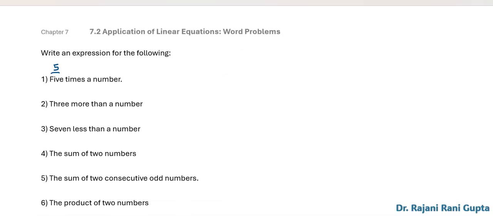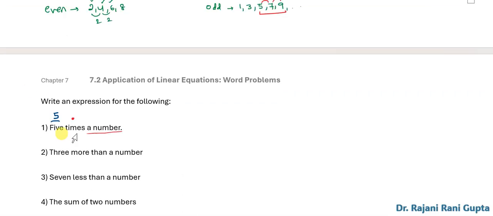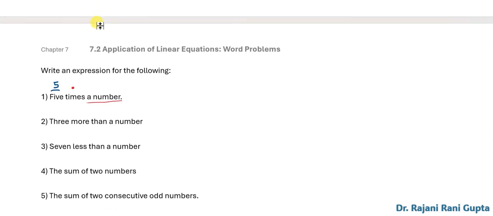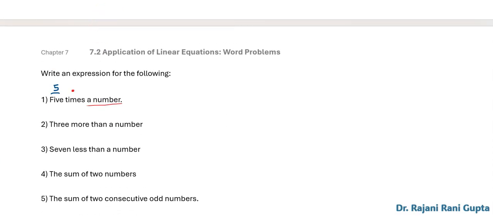For a number we use one alphabet, so it's up to you whether to use A, B or C. So 5 times a number A, writing it, we get the expression as 5 multiply A, which is 5A.